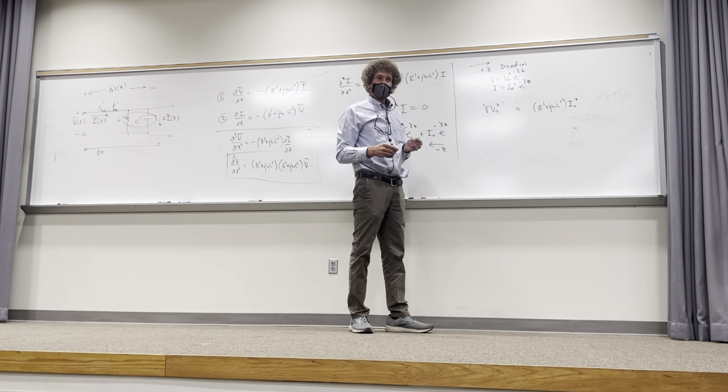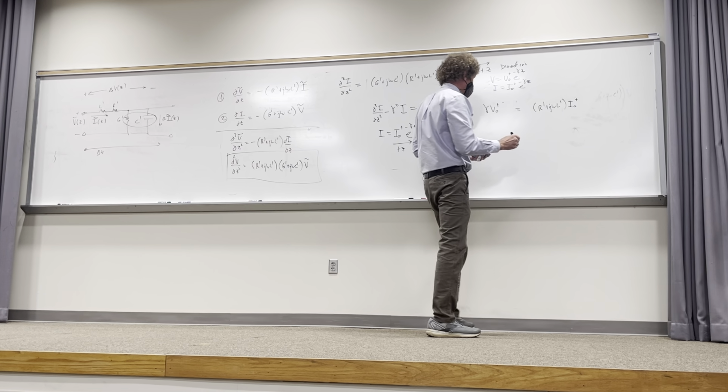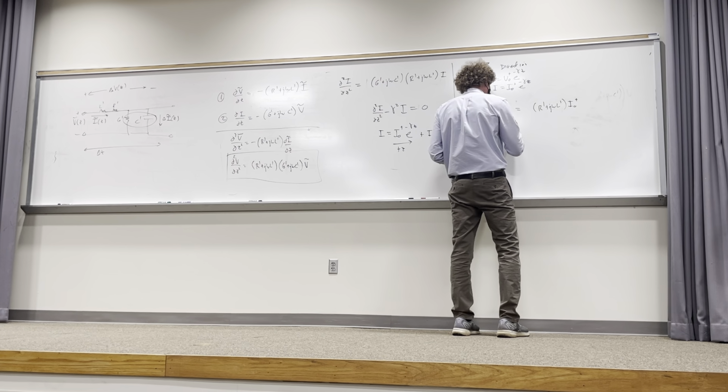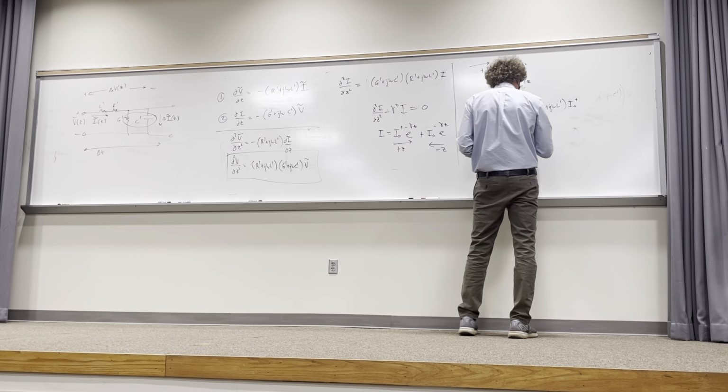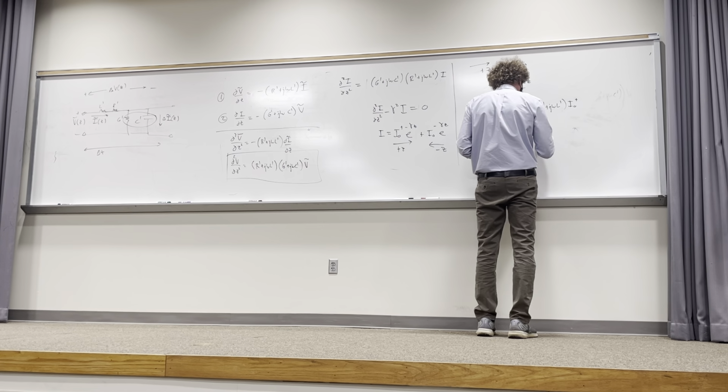What next? I want the ratio of V0 plus to I0 plus. So what happens when I have V0 plus over I0 plus? That's equal to R prime plus j omega L prime over gamma.